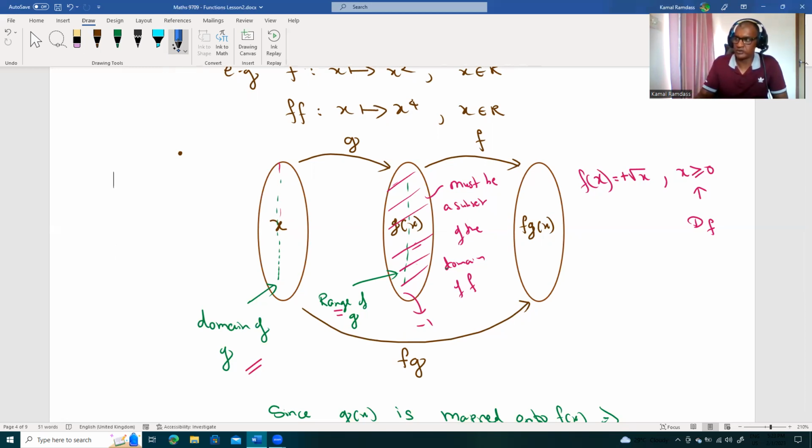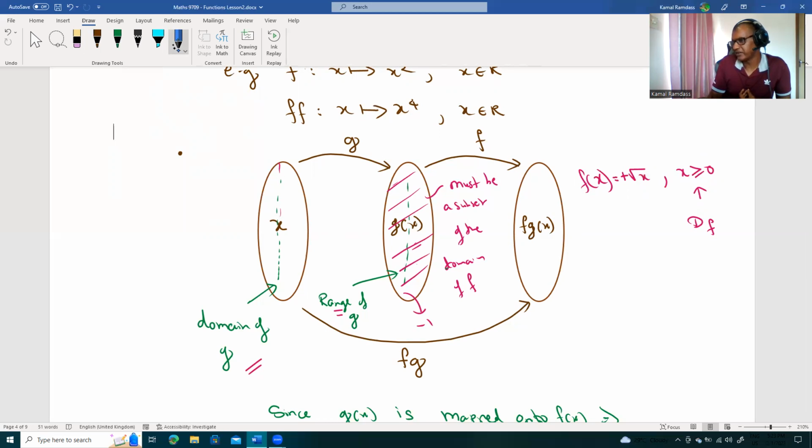But here, it could map to two if we put plus or minus. And here, we say plus root of x. That is a function, an example. For x greater than or equal to 0. OK? And this, x greater than or equal to 0, is the domain of f. In fact, the domain of f is x greater than or equal to 0.